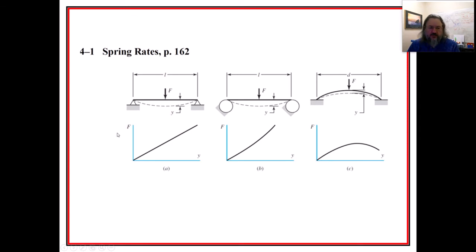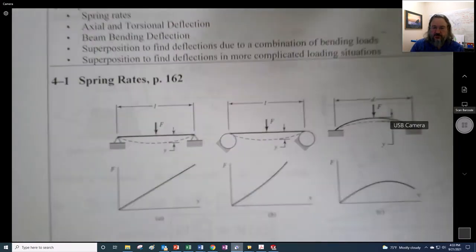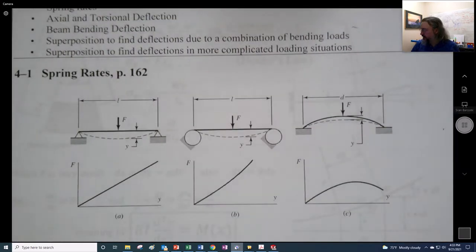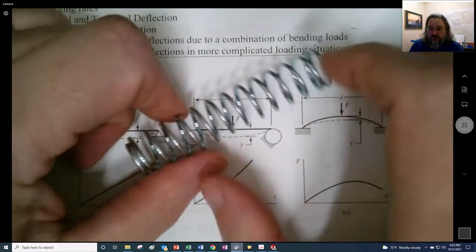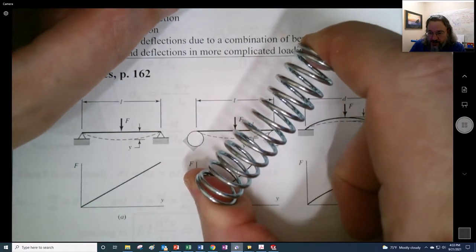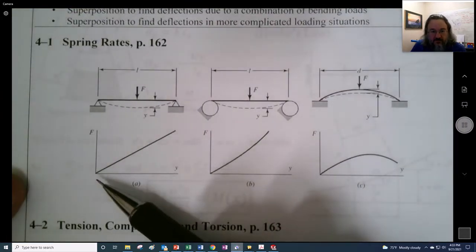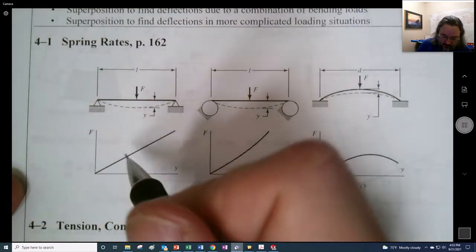Okay, so this is stuff that I did talk about in class, spring rates. I didn't really think of structural pieces as being similar to springs. And I had a couple of springs over here as just visual things. Force creates a deflection, and if it's a linear spring, it will have a straight line relationship.